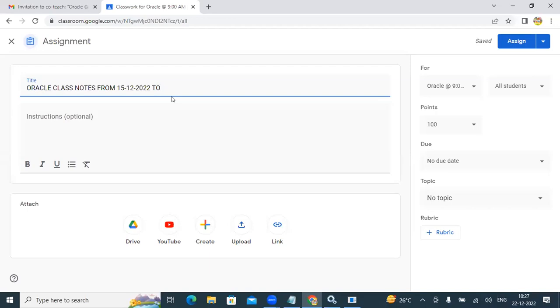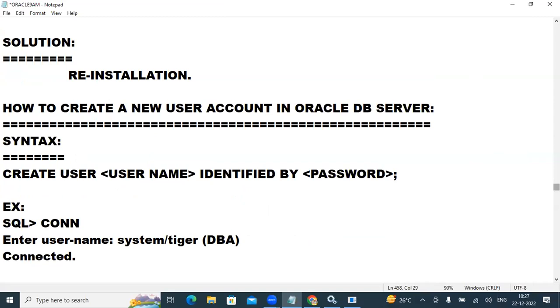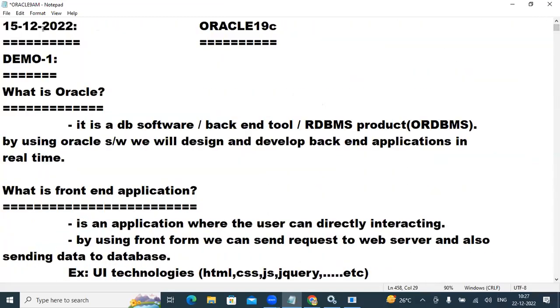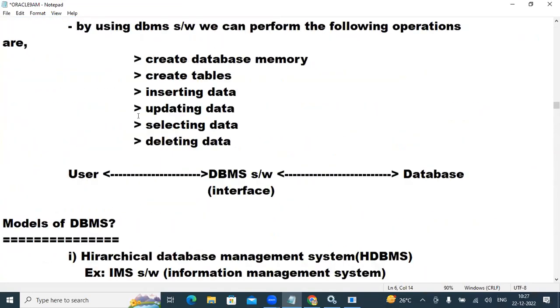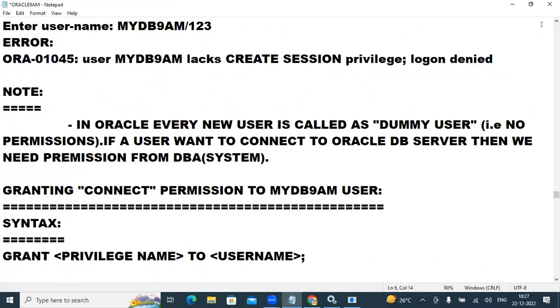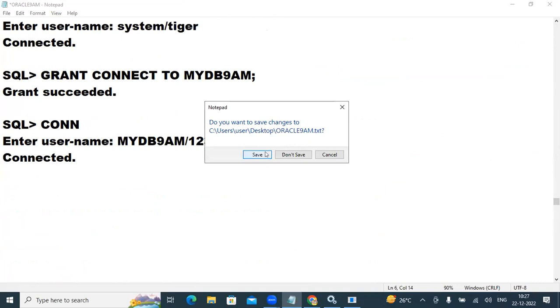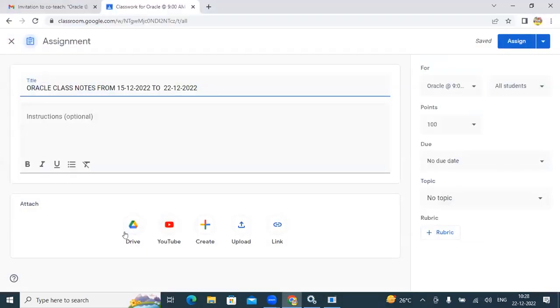What is today's date? 22nd, 12-2022, complete notes up to here. So I'm keeping those notes from day 1, including the demos, the first demo that happened on 15-12. From there onwards, up to whatever today's last session topic is. This entire set is class notes, not the main notes, it's just class notes I'm uploading now.